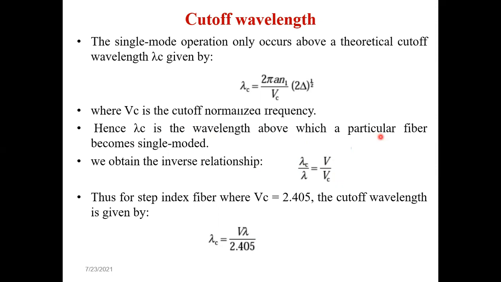Suppose they ask you the question, if you only calculate lambda and carry forward from V, it will not work. I have to use VC, and VC is 2.405. So if I substitute that in this formula, your cutoff wavelength lambda c is given by V lambda upon 2.405. Now, once you have written this, I will give you the problem.